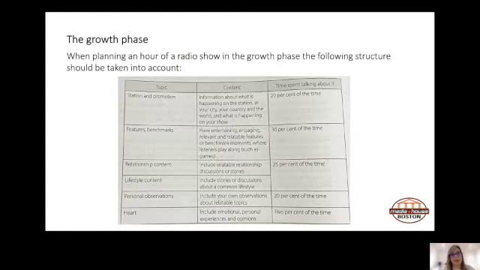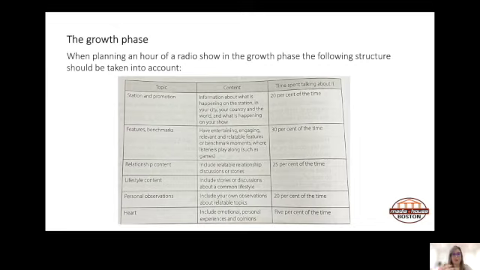So now when we're planning an hour of radio show in this growth phase, the structure looks a little bit different. In our hour, if we look at the topic station and promotion, which is the information about what is happening on the station in your city, in South Africa, in the world, and what is happening on my show, that's only 20% that I'll spend talking about that now.